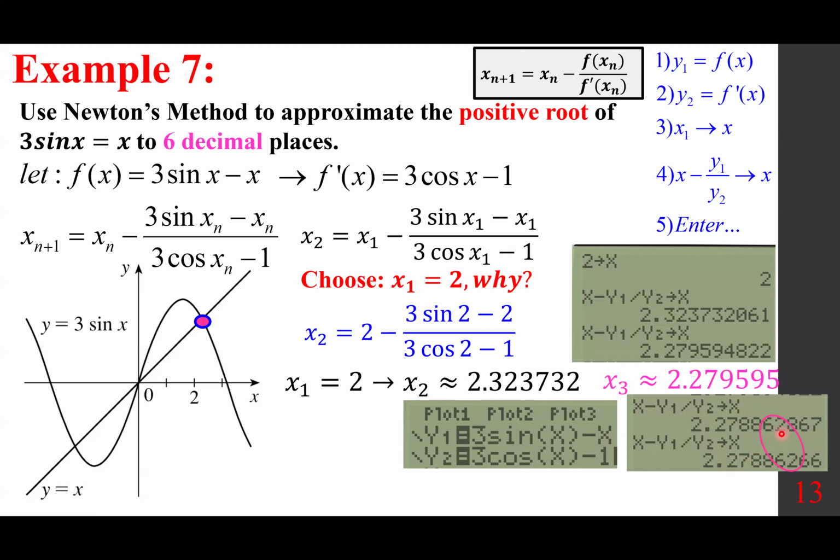And next to 2 is 8 or 6. Then this is x sub 4. X sub 4 will do the job. We don't want to go with x sub 5 because this is the same as x sub 5. Ultimately, x sub 4 is 2.27886. And 2 changes to 3 because the number next to it is 8. And that's the final answer.